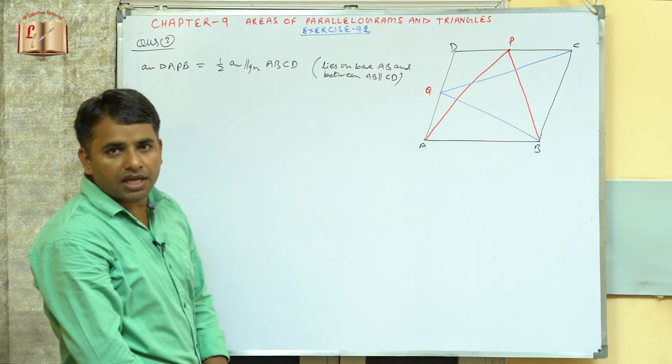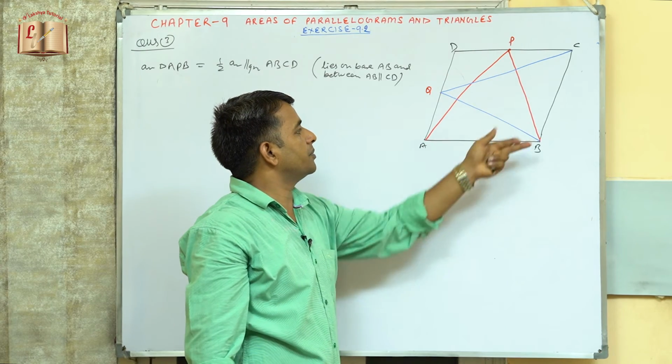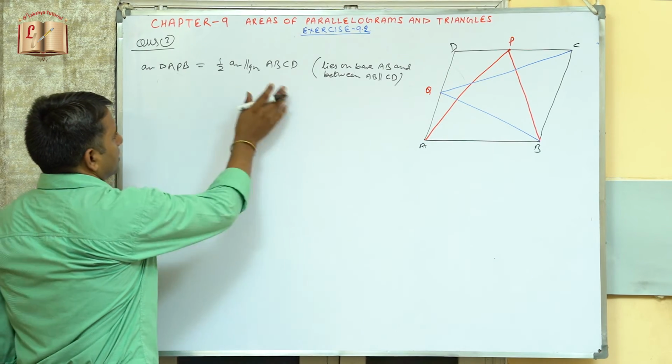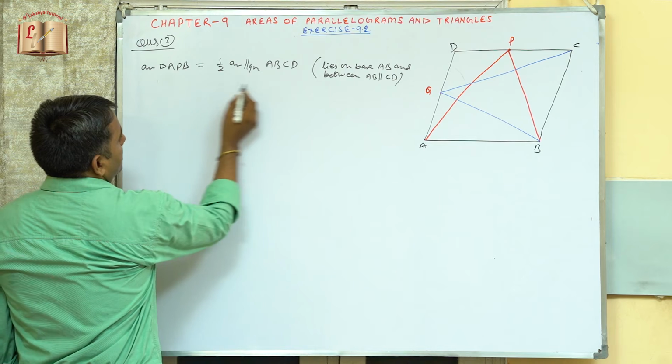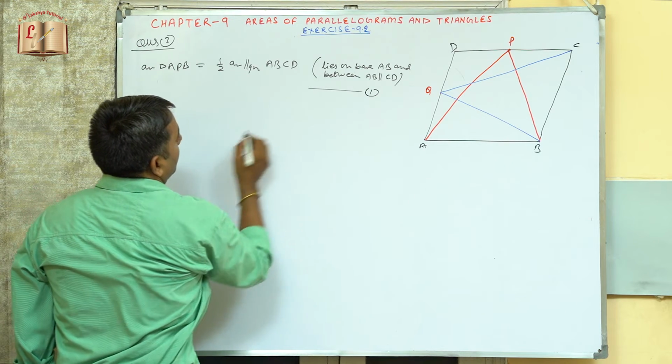So parallelograms and triangles lying on the same base and between the same parallels are equal in area. So this is now equation number 1.